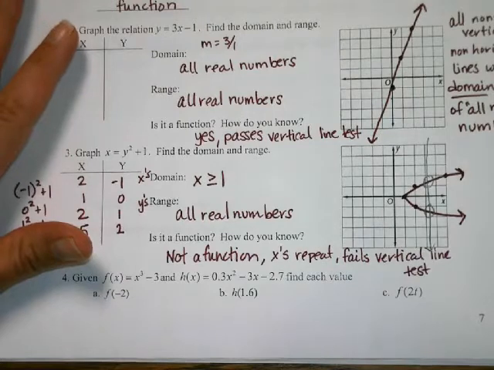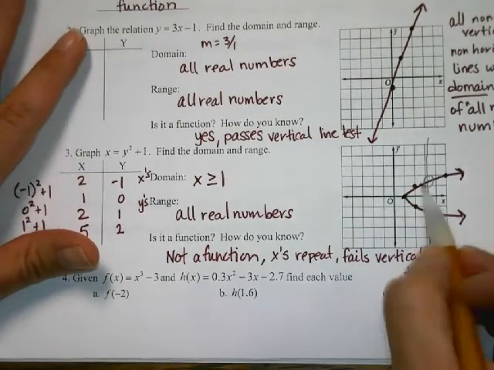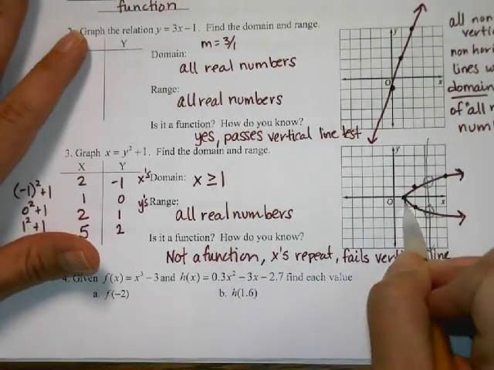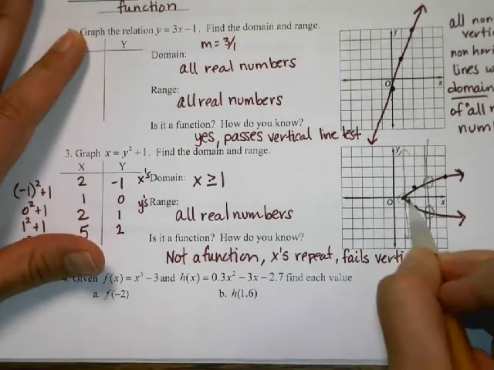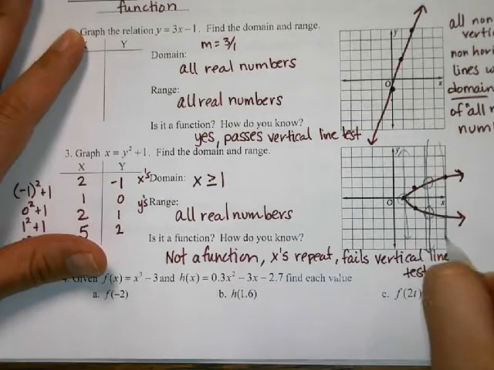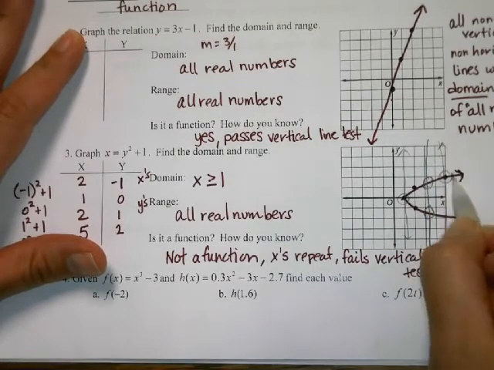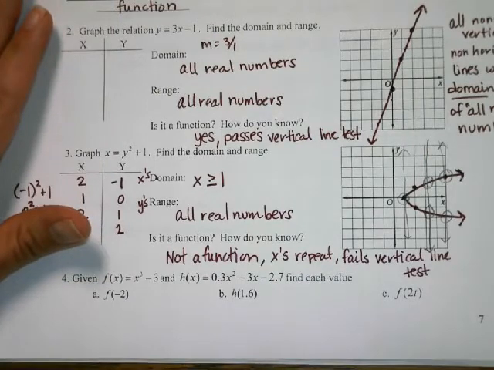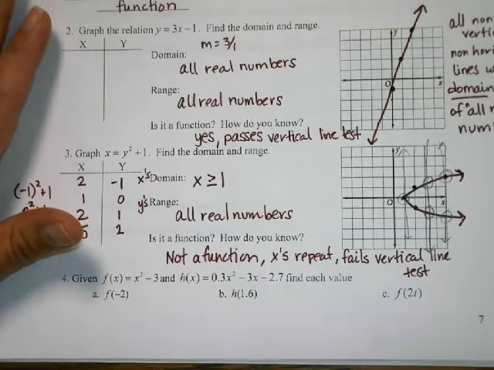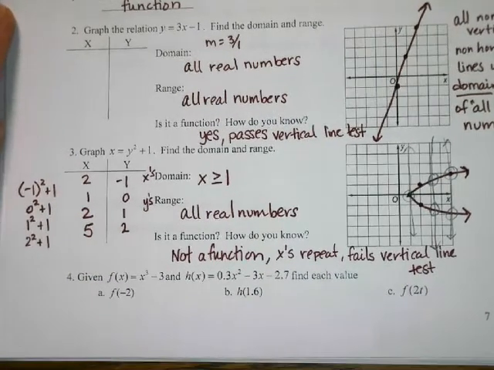No matter where I draw my line, I can only touch my graph once. The only place where I draw it and it touches it once is right there on the vertex. But no matter, it has to do it the whole way. So no matter elsewhere I graph it, it touches it twice. Okay, any other questions?